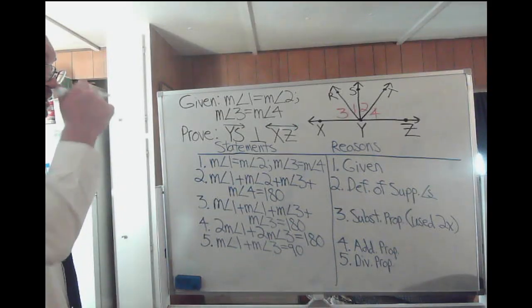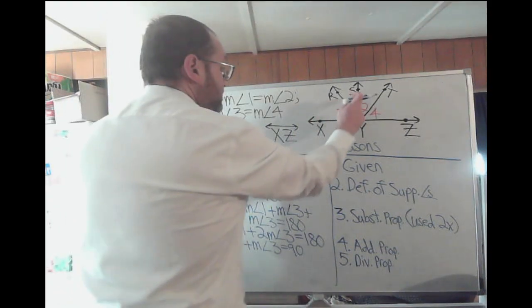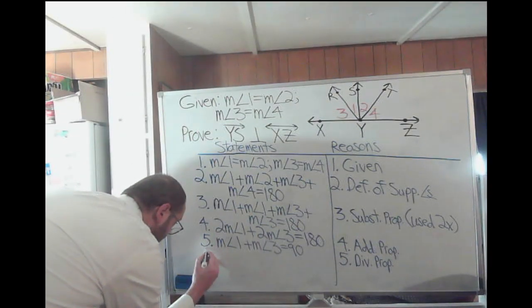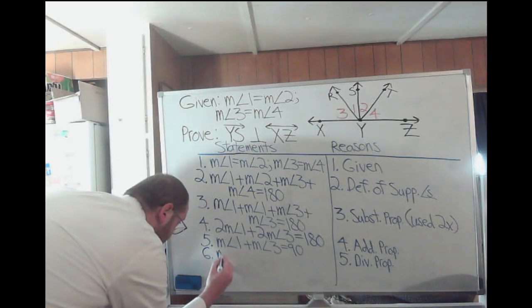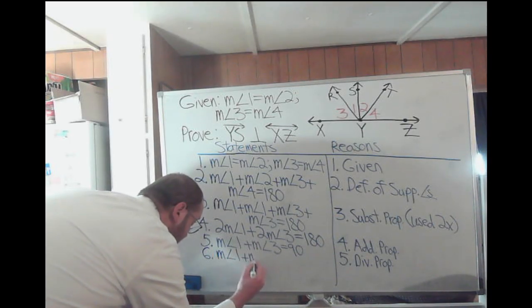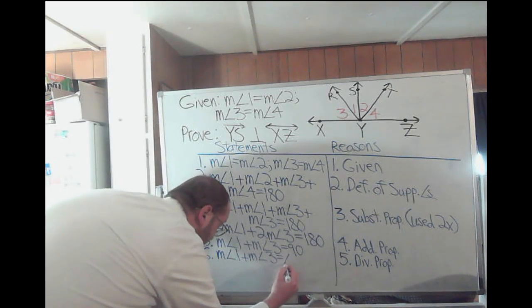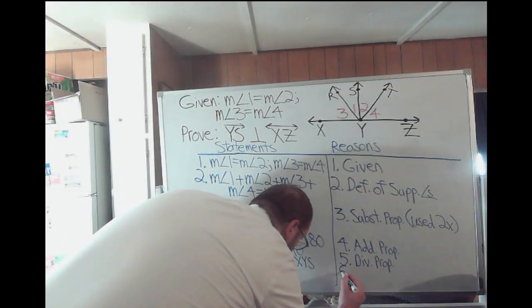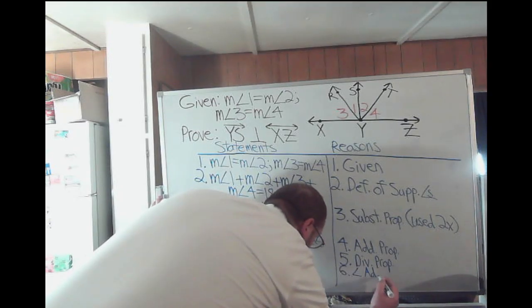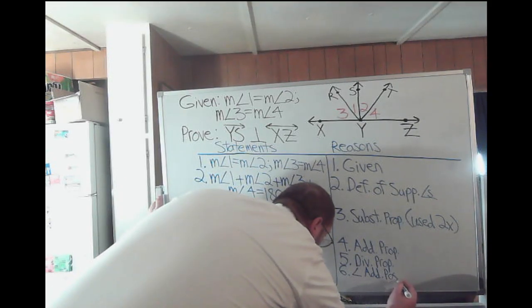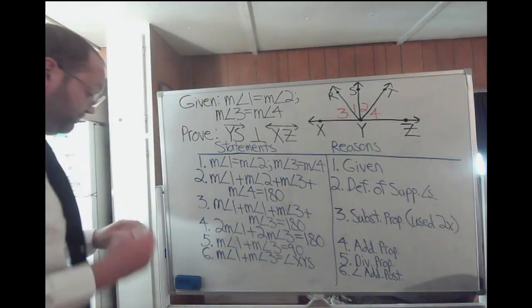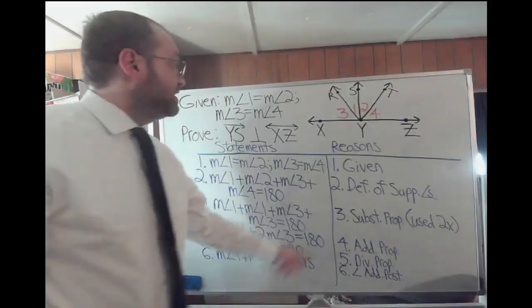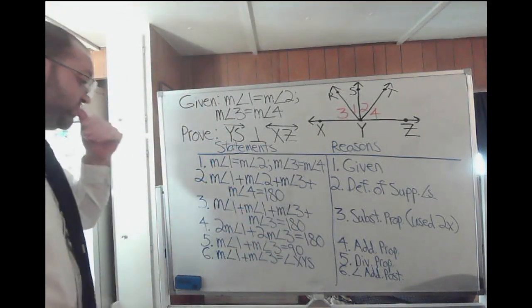Well, we know that the measure of angle 1 plus the measure of angle 3 equals angle XYS. That's by the angle addition postulate.